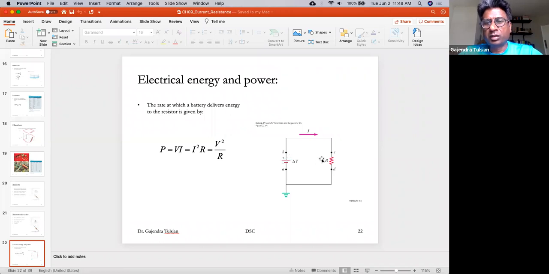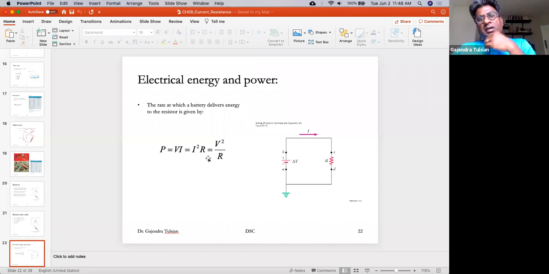Right now there's only one device connected to it. So the rate at which energy is being supplied is the rate at which energy is being delivered to this device. If there were multiple devices, we know the rate at which the battery is supplying power, and then you could calculate the power dissipated in each device. So the power dissipated in this device is equal to I squared R. It's also equal to the voltage across the device times the current flowing through the device.